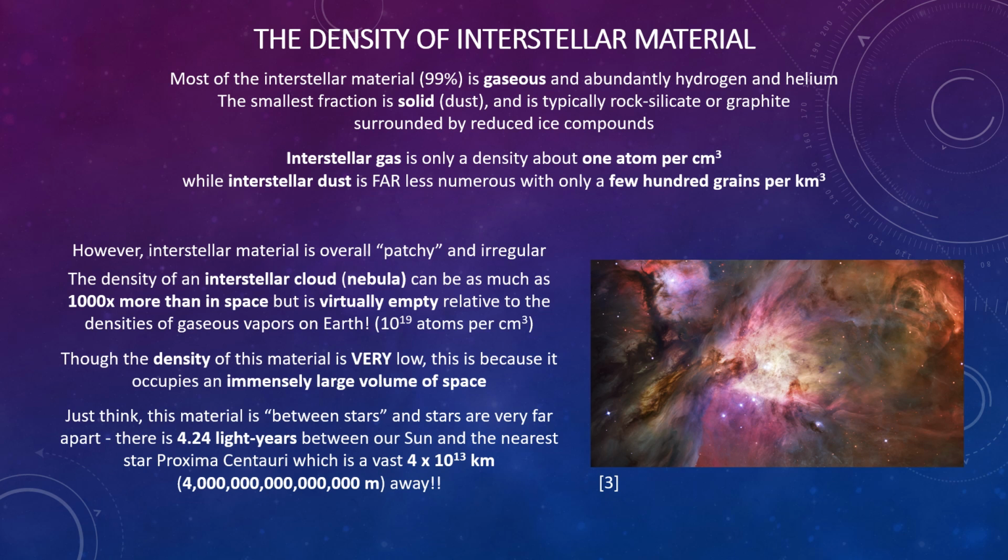So this amounts to 4 times 10^13 kilometers away. So even if we have 1 atom per cubic centimeter, that's going to be even larger amounts of centimeters. I think 4 times 10^15 centimeters away. Large distances, little bits of stuff, but that still adds up to lots of stuff.